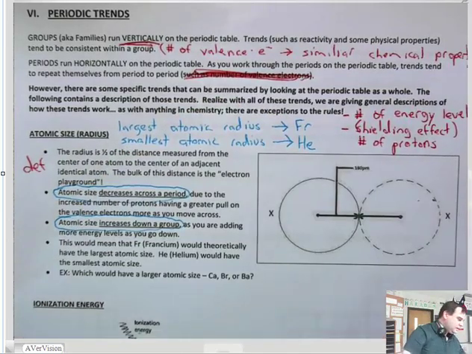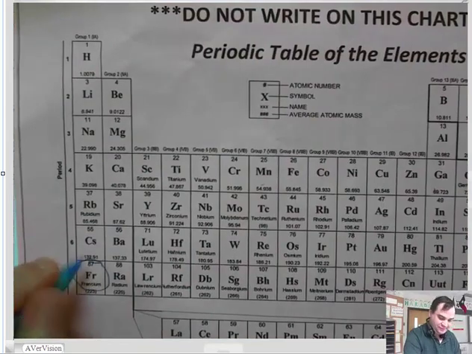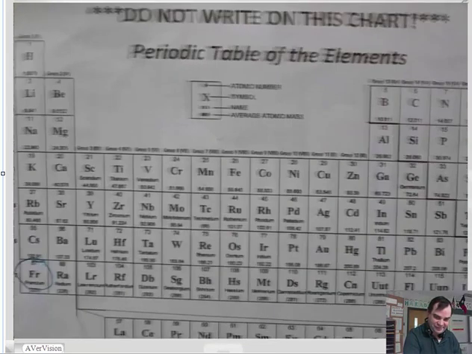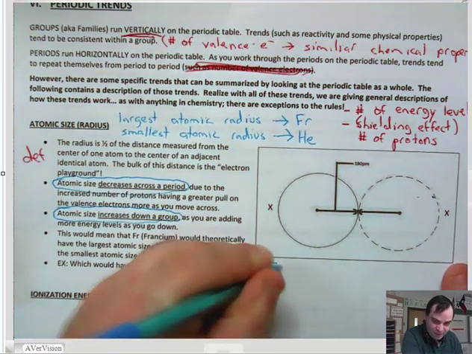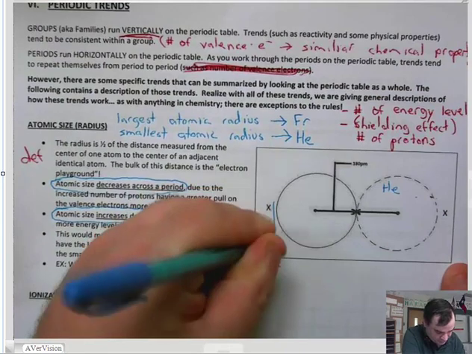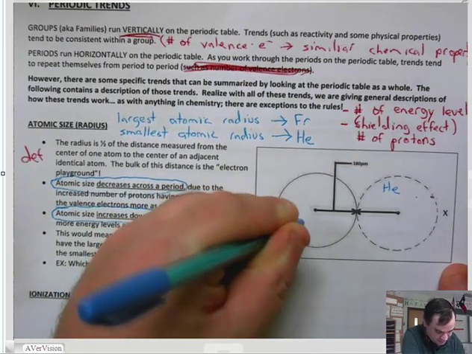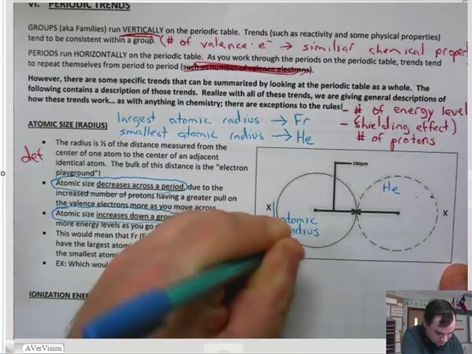Now if you look at the periodic table here, francium is down here. If I put francium in the lower corner of my periodic table and helium's up here, atomic radius increases going down.